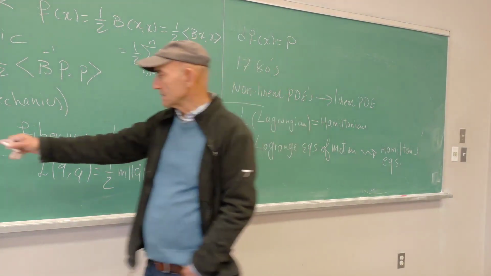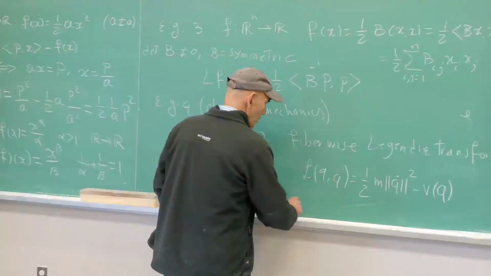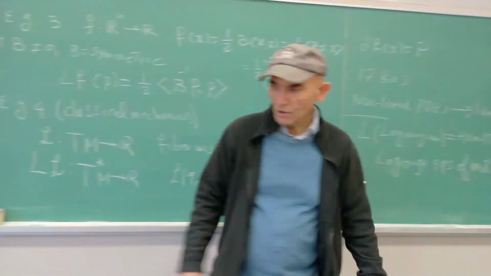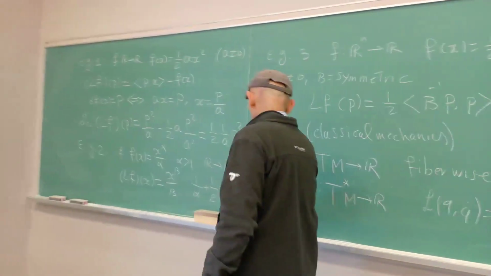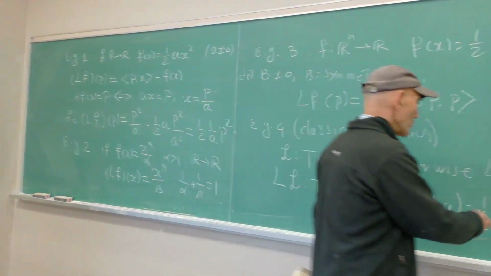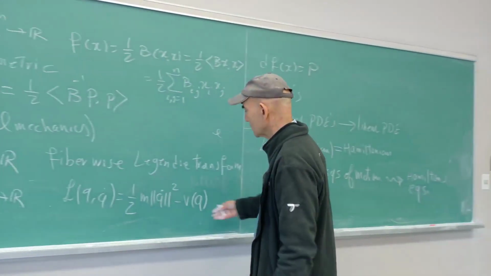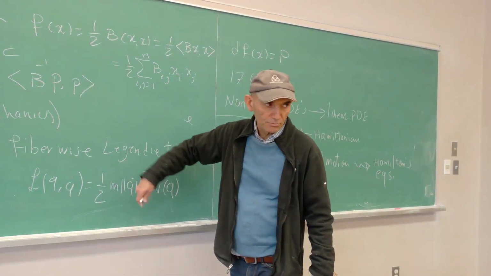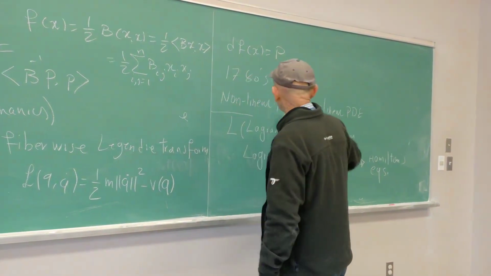Now, if you do the Legendre transform of this type of Lagrangian, which is kinetic minus potential, and this is a metric, a Riemannian metric on the manifold, for example, which can be changing point to point even. That's okay.